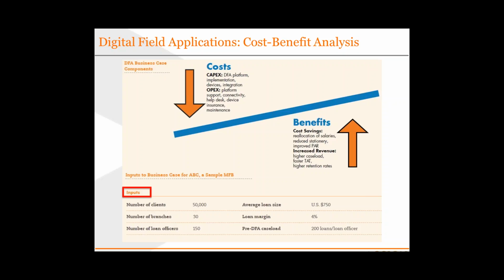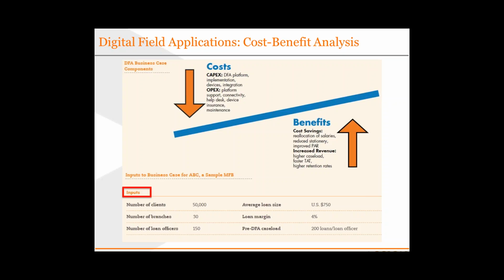And in the three cases here, this did not mean termination of those staff, but reallocating them to higher productive uses of their time. Again, reducing stationery and other costs, and how does higher caseload translate into increased revenue, and what does that look like?